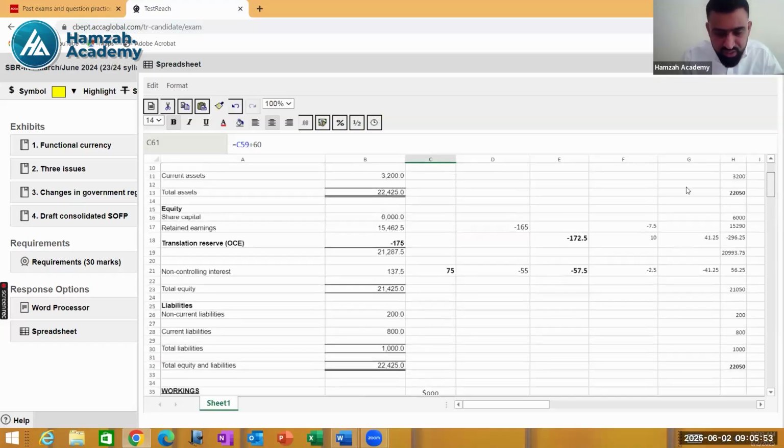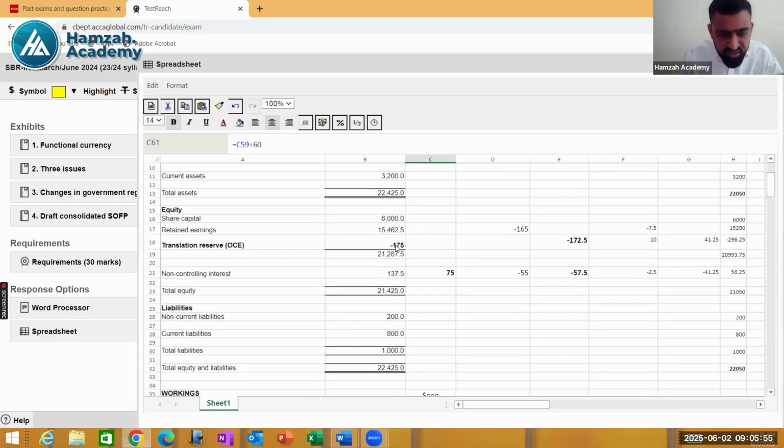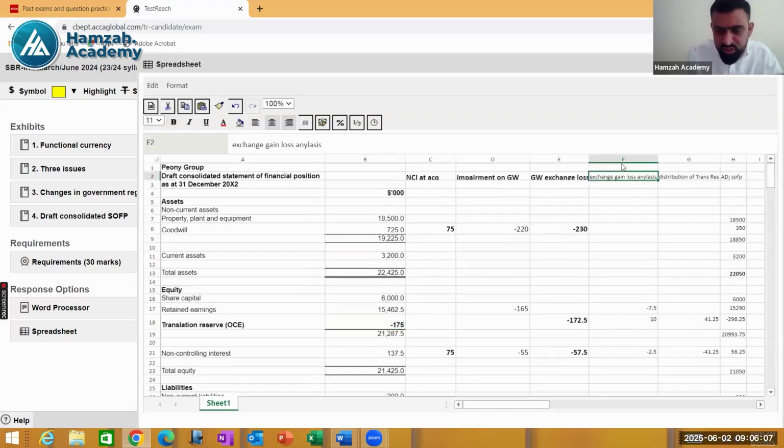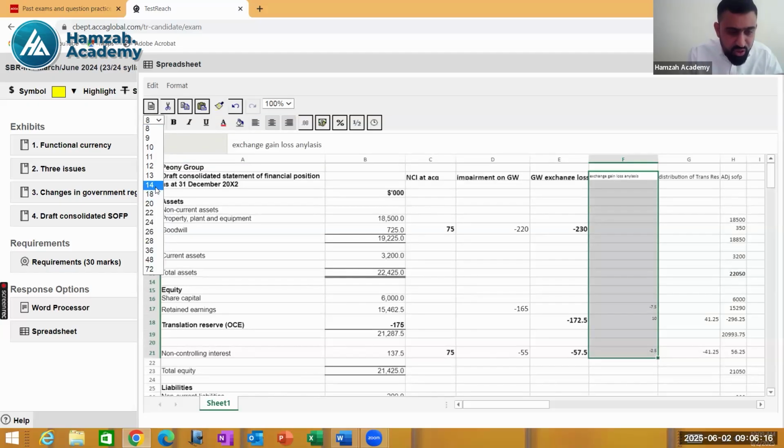175 losses. You can see here in B80, 175. But the loss which should have been reported here should not be more than 165.